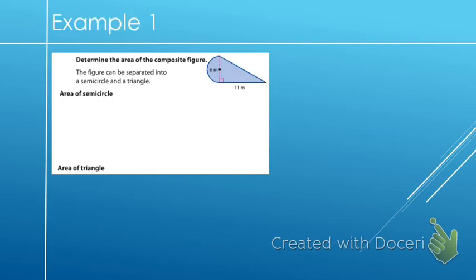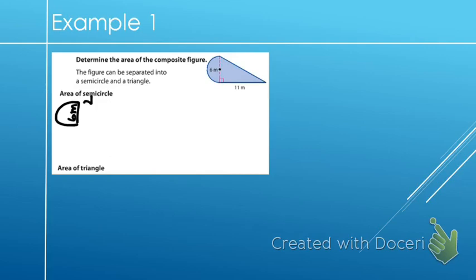Okay, so our first example, your first step is to identify your two shapes. Here our two shapes are the semicircle and the triangle. When you identify your two shapes, go ahead and draw your shapes out to the side. Here we know that our diameter is 6 meters.